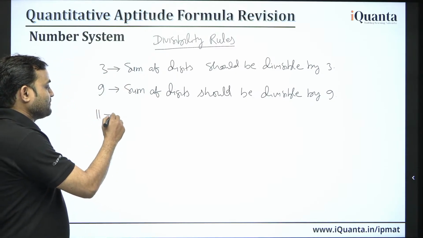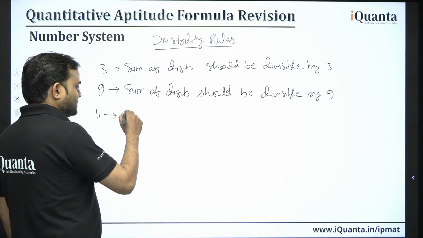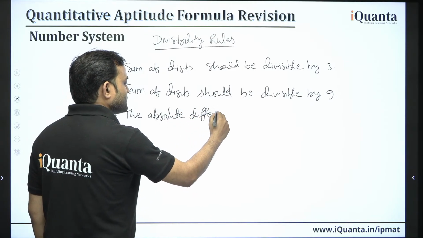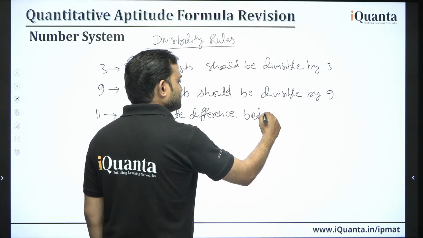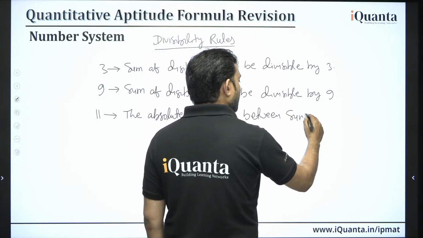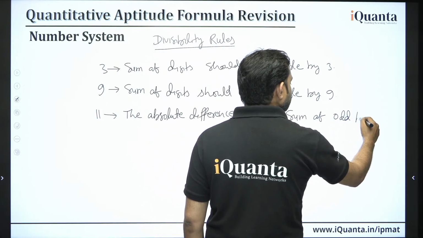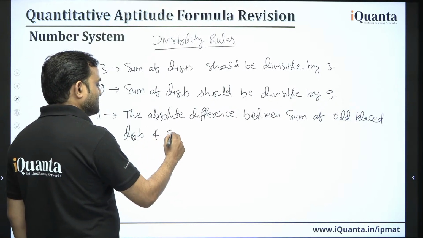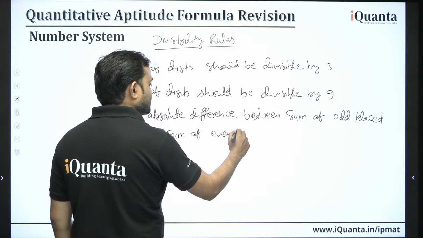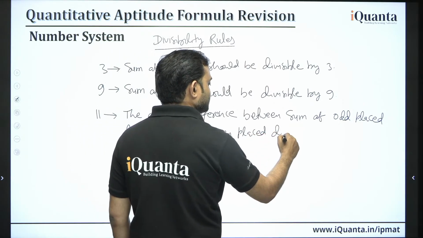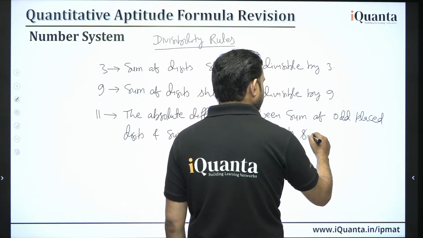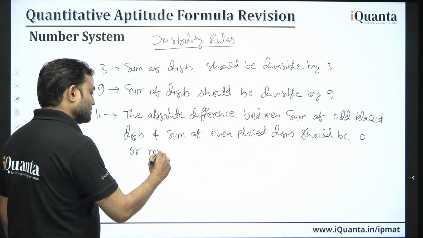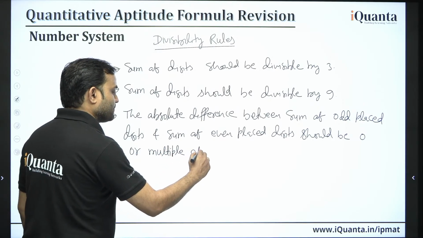Then comes the divisibility rule of 11. What is the divisibility rule of 11? It says the absolute difference between the sum of odd placed digits and the sum of even placed digits should be 0 or a multiple of 11.